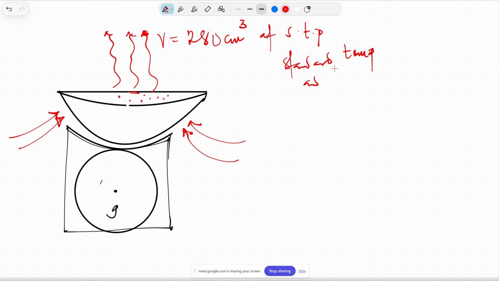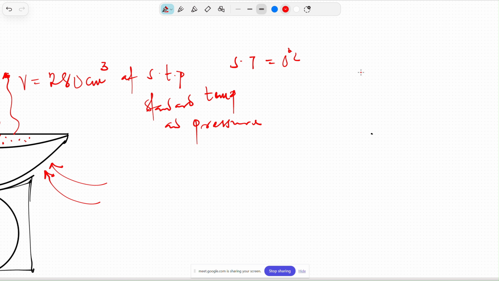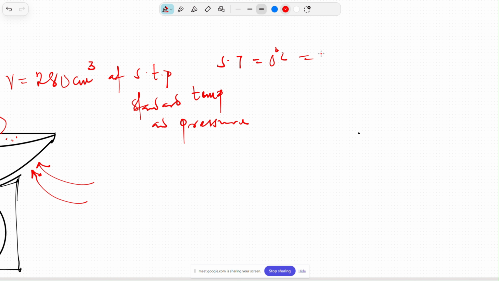And what's the standard temperature? Standard temperature is 0 degrees C, which is the same as 273 Kelvin, which is the same thing as 32 degrees Fahrenheit.